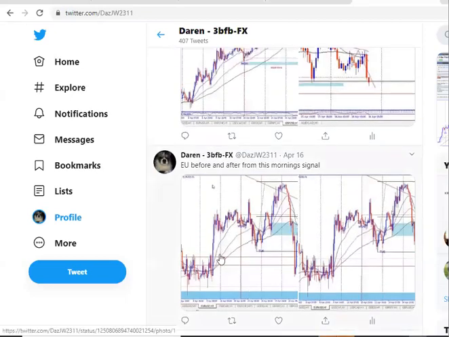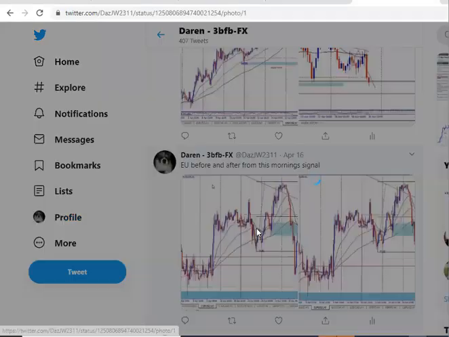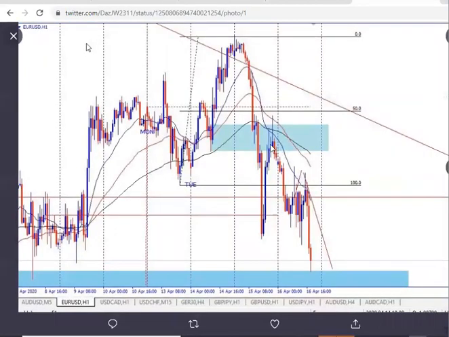So here's the EU's before and after. It came up into this area and then up into my entry zone, as you can see this sign here, and it went straight down into my expectations, taking out these equal lows.